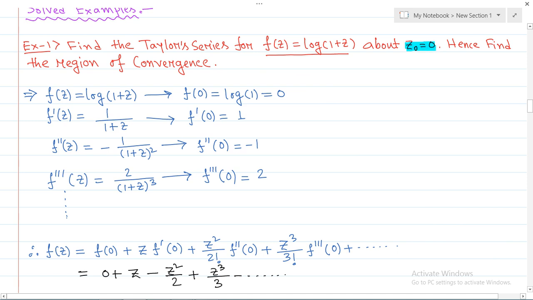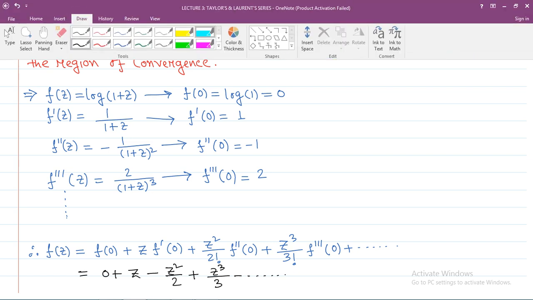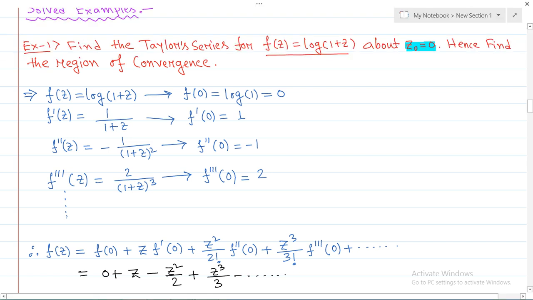So basically you can imagine it is not only a Taylor series, it is a special case of Taylor series, which is nothing but the Maclaurin series, right? So now how to find the Taylor series? Before we start this problem, we have to draw the region for the region of this Taylor series.